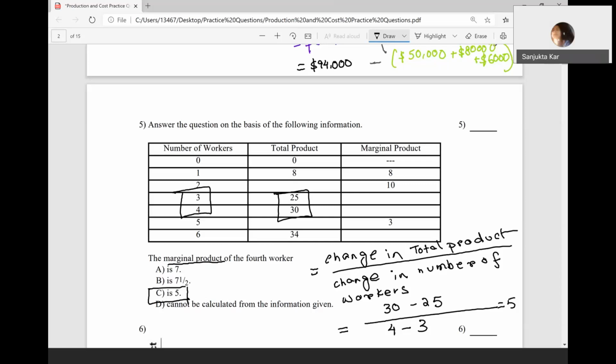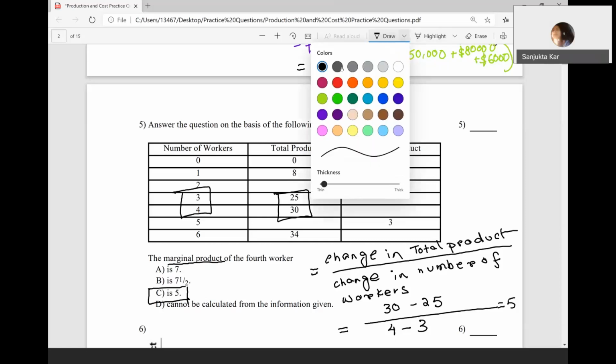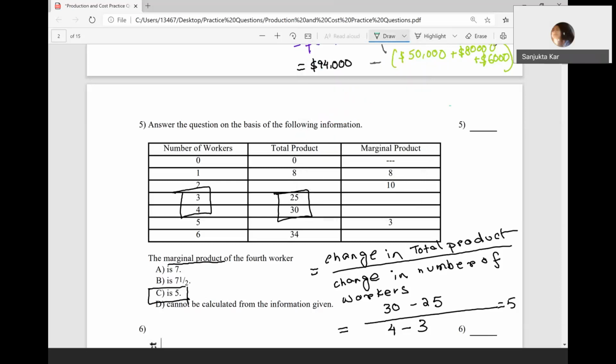Alrighty. So I was wondering about something. If you can fill up the rest of these blanks, how do you get this 8 from? This 8 is equal to 8 minus 0 over 1 minus 0.